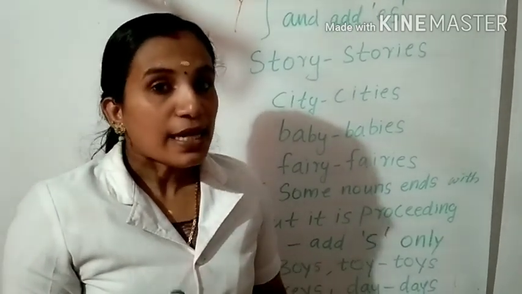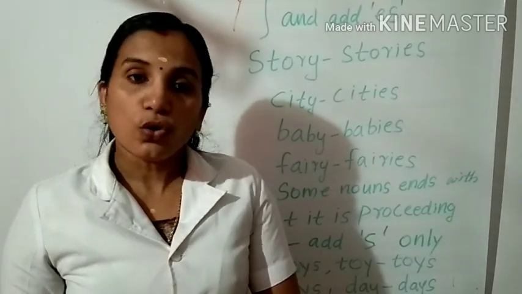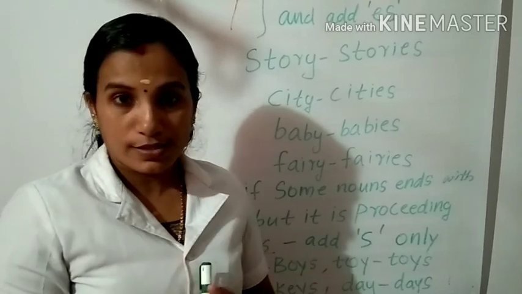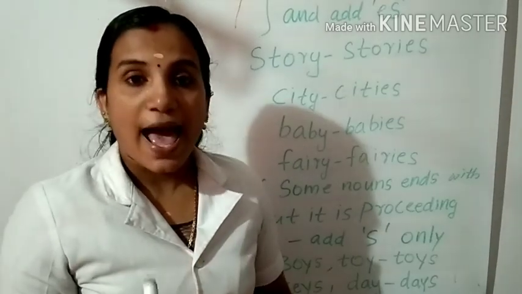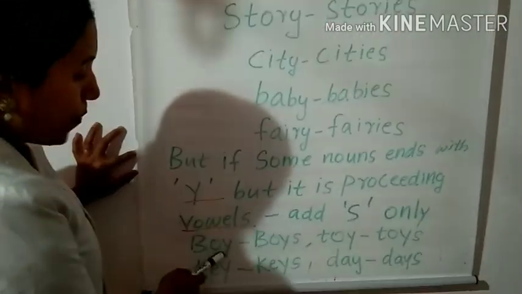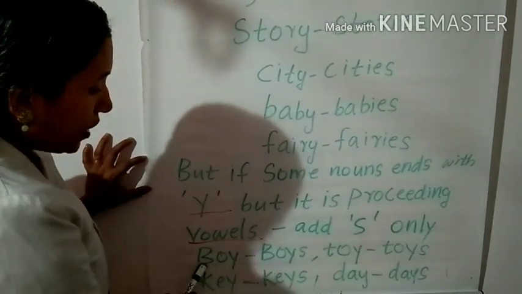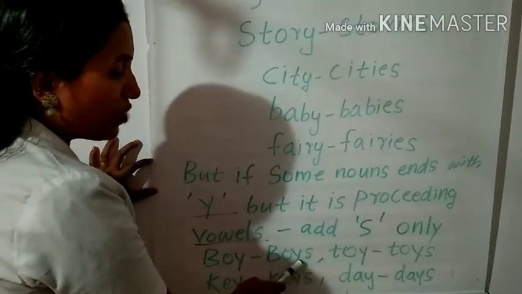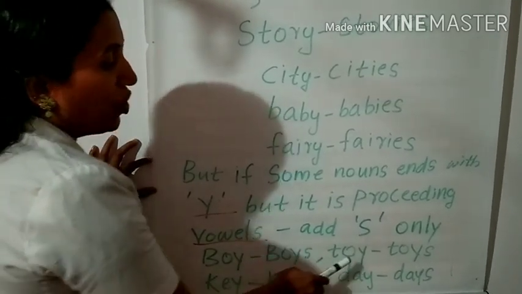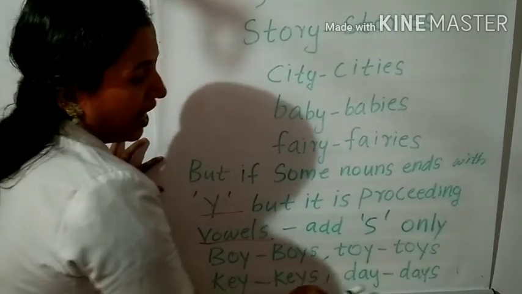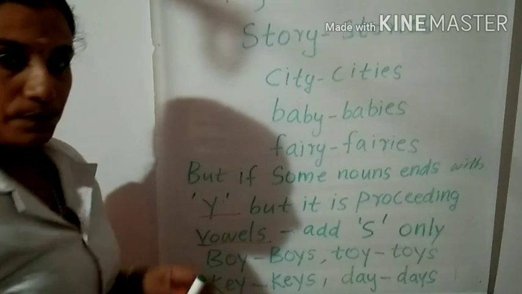A, E, I, O, U. If the Y comes after these vowels, we generally add S to the end of the word. For example, boy, boys. Toy, toys. Key, keys. Day, days.